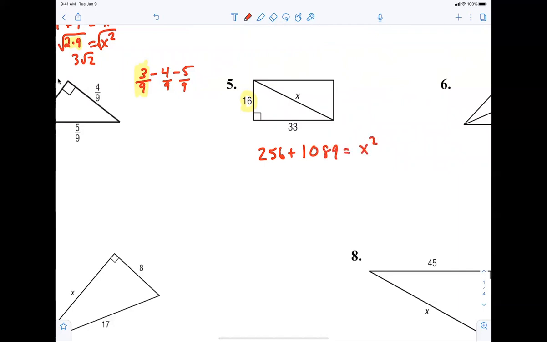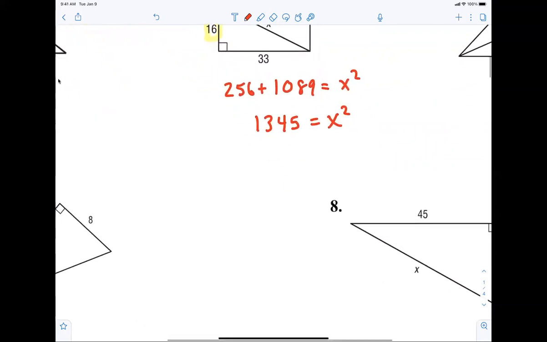Equals x squared. So now when we add those together, I get what? 1,345, right?